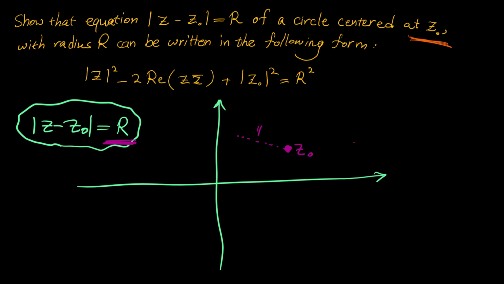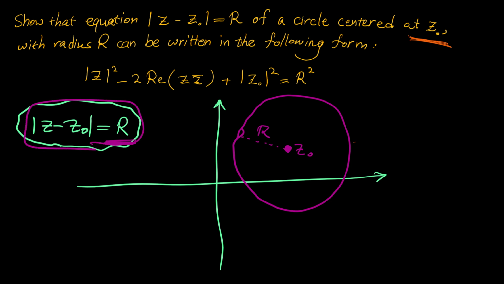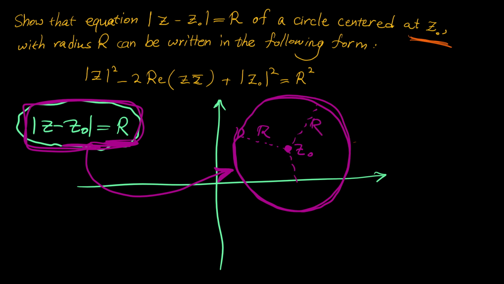Suppose this is R, then this would be the circle. So the graph of this equation is basically this circle here, the radius of this circle is R, and its center, as you can see, is z0.